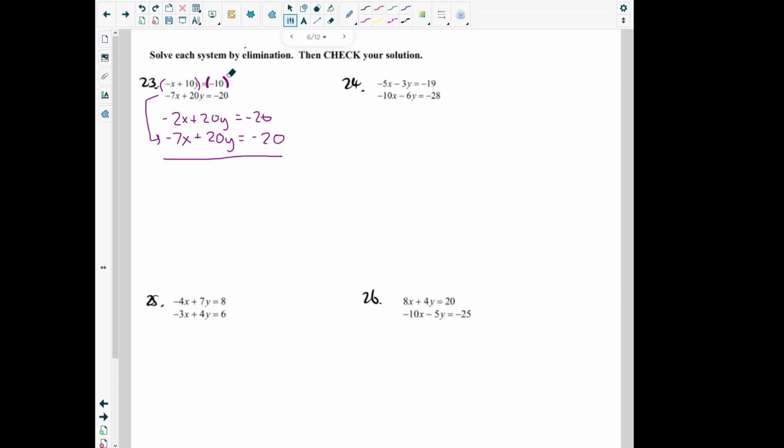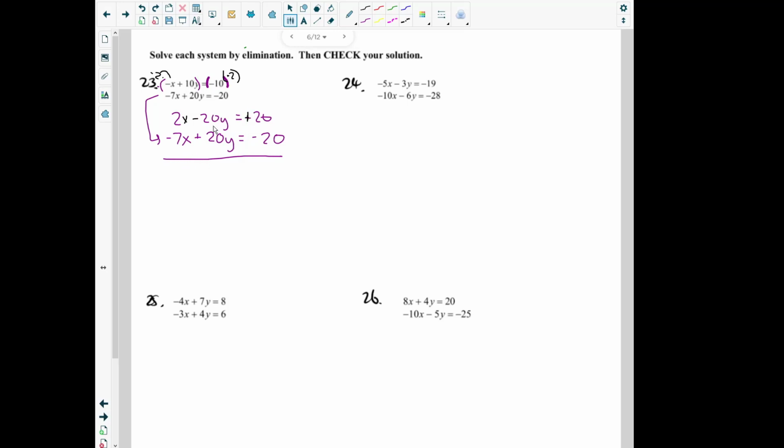Okay, so I really want to multiply by negative 2 on this side and by negative 2 in the front here. Right, so I'm going to distribute that negative 2. So this actually becomes positive 2x, and this becomes negative 20y, so that's positive 2x minus 20y, and then of course negative 2 times negative 10 is plus 20.